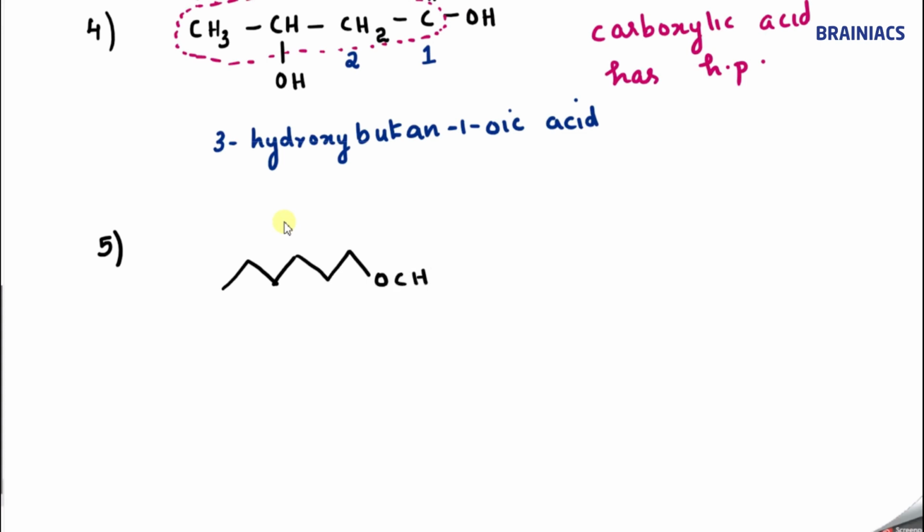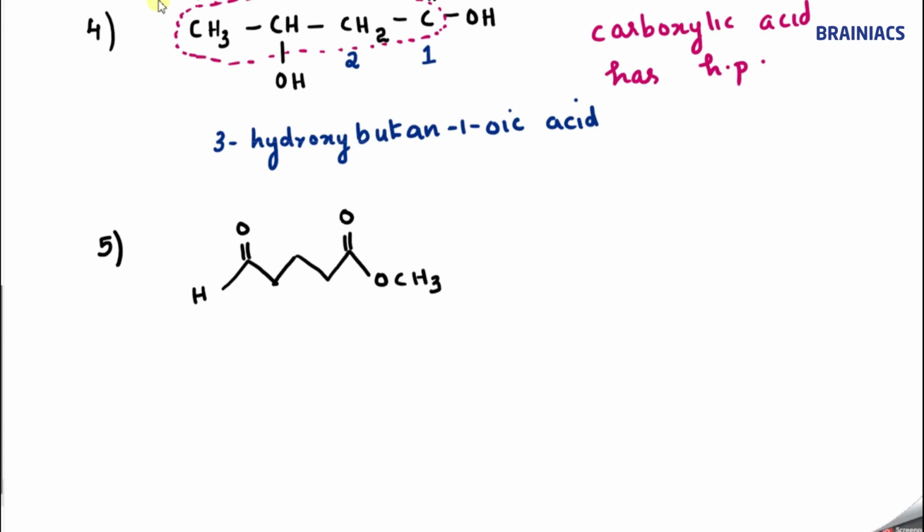So let's see how to do this. OCH3, and you have H here, and you have double bond O here. Here also you have the double bond O. Correct? So try to name this compound. Here also the first thing is identifying the parent functional group.